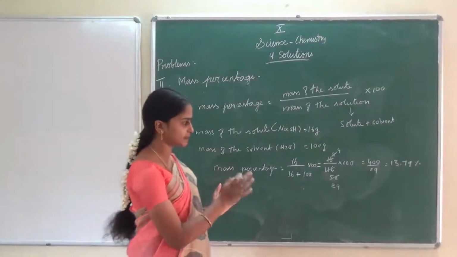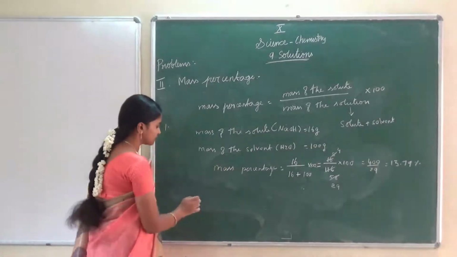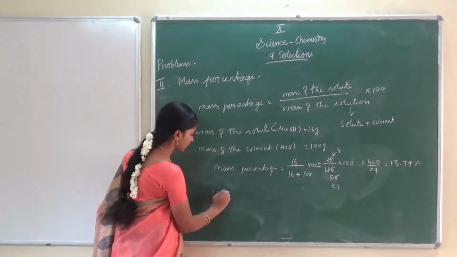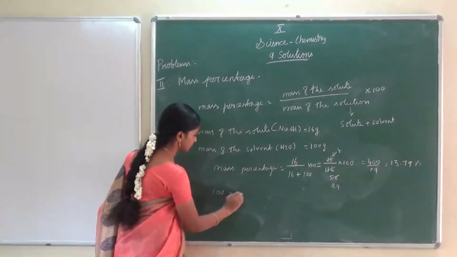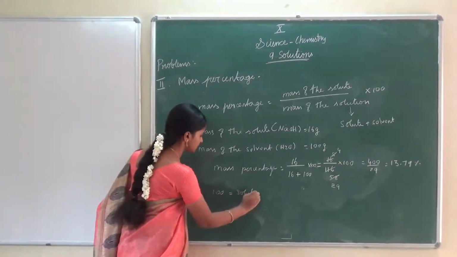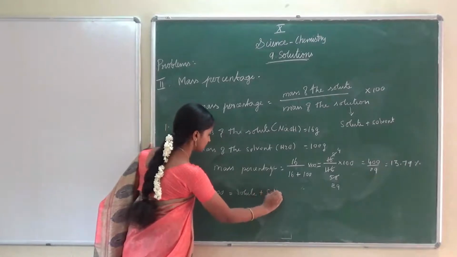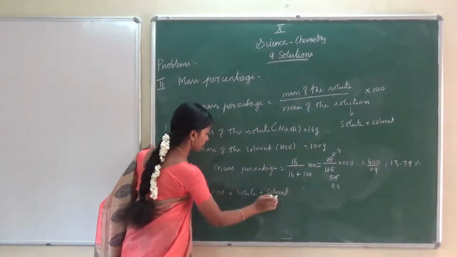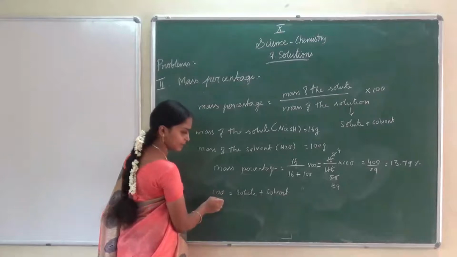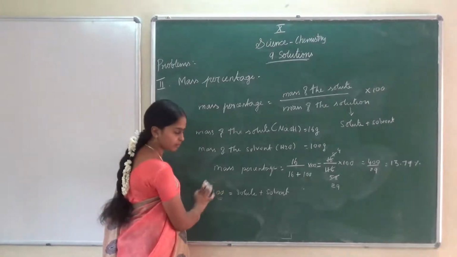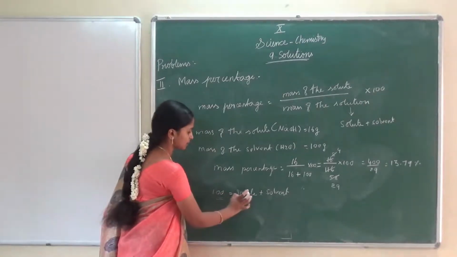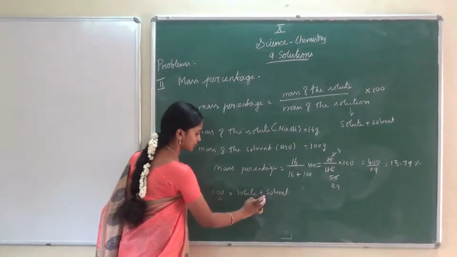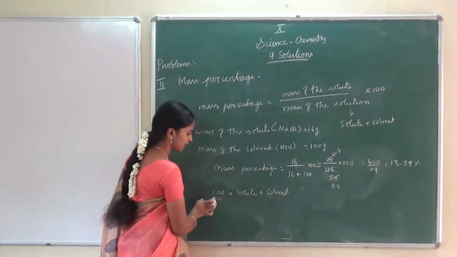It is 13.79. The overall percentage means it is 100. Okay, this 100% is nothing but solute percentage plus solvent percentage. Okay, both combining together it is 100, isn't it? Whole it is 100. Combining these two, it will become 100 now.